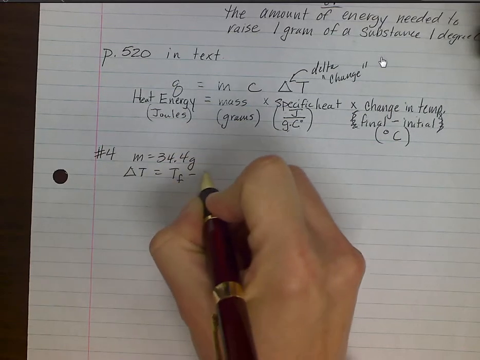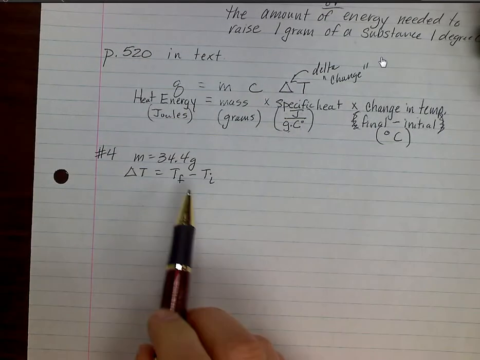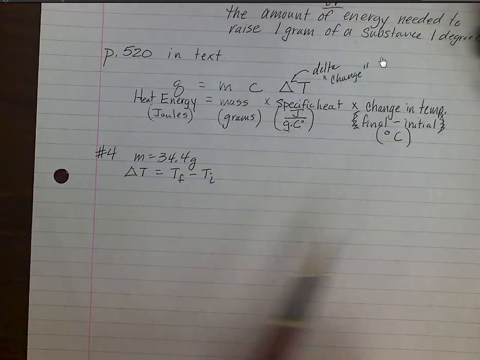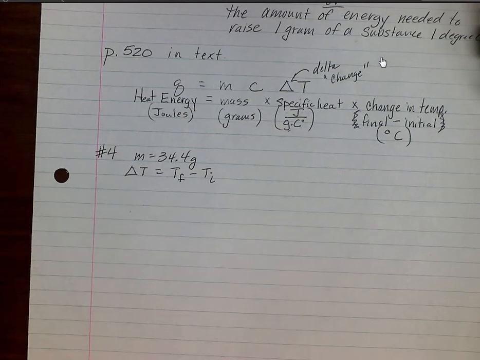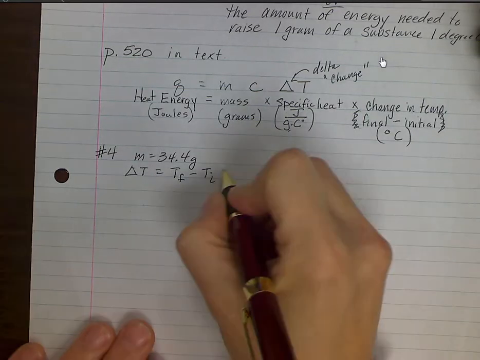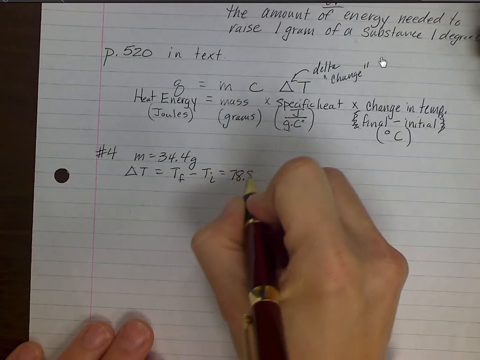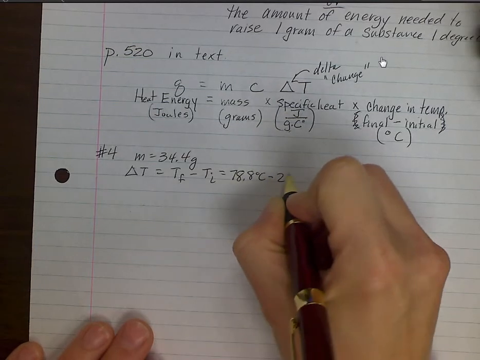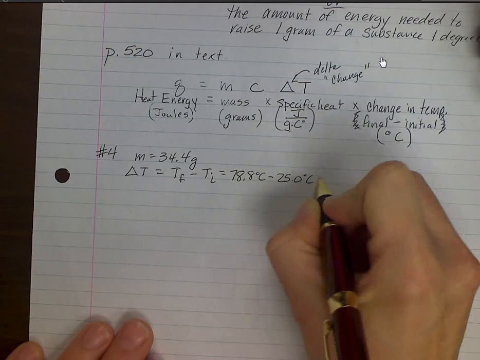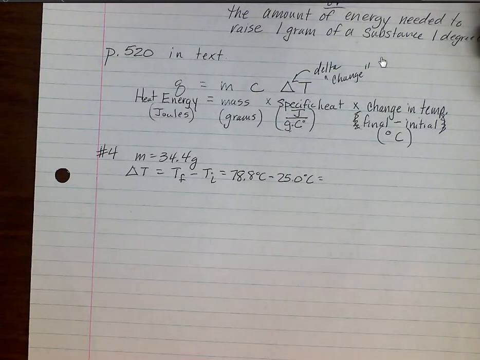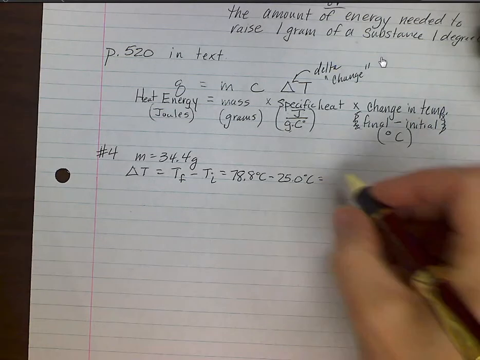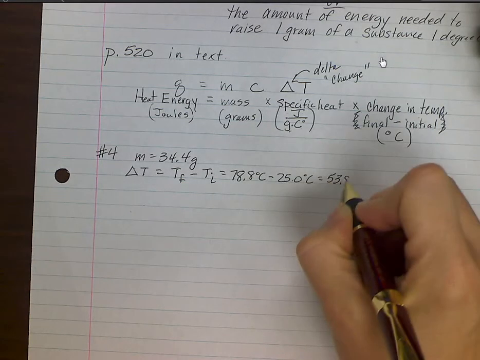I use just a subscript to differentiate between the final and the initial temperature. In this case, the final is 78.8 degrees Celsius, and it started at 25 degrees Celsius, so our change is 53.8 degrees Celsius.